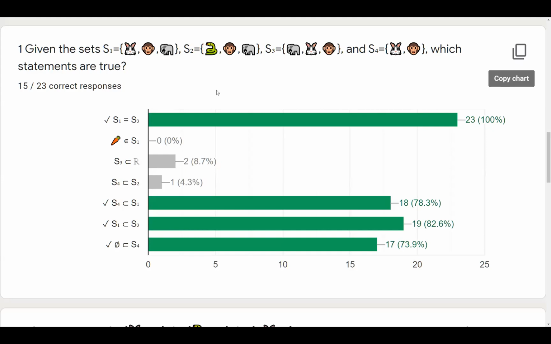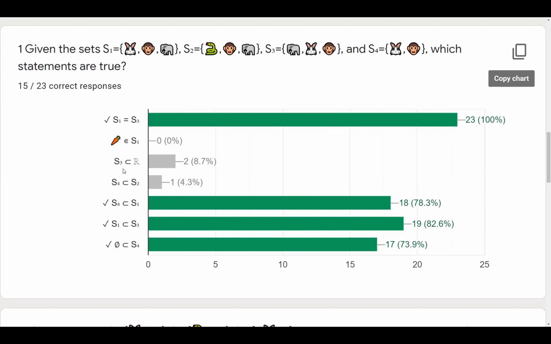Indeed, that's true. Why? Because we don't care about the order in which we write things. The only thing that matters is what's inside it. So here we have the same three elements. Is the carrot inside S1? No. So no person said that.